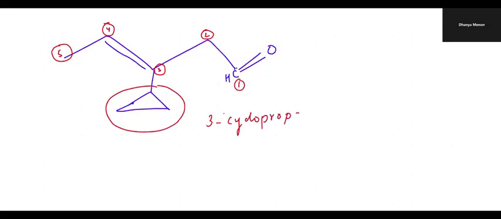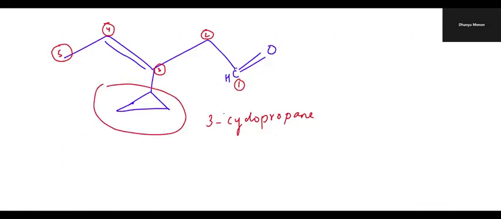The naming of the cyclo group, I have made a video, okay? Cyclopropane, yes, but because this is a substituent, I cannot give propane, but instead I give cyclopropyl because it's a substituent, okay? And root word is pent. At the third position, what is there? A double bond is there. So 3-ene. And at the first position, we have the functional group aldehyde.